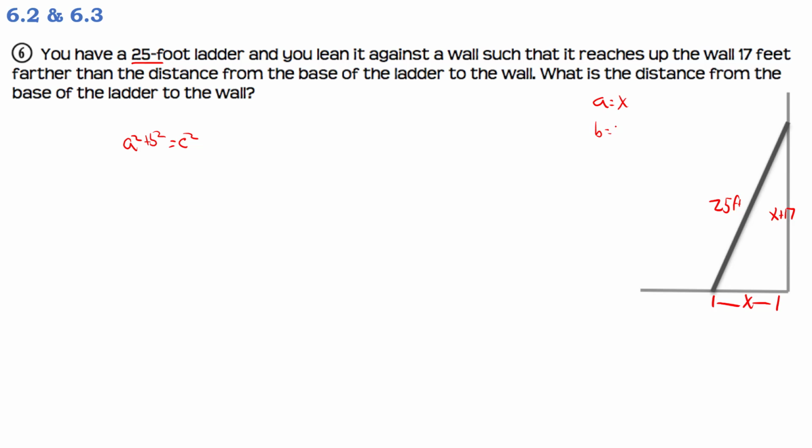We can say our b is x plus 17, and our c is 25. So with this, we can say x squared plus x plus 17 squared, and then that'll equal 25 squared.